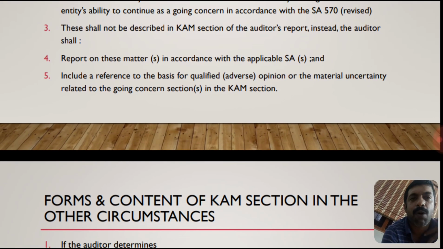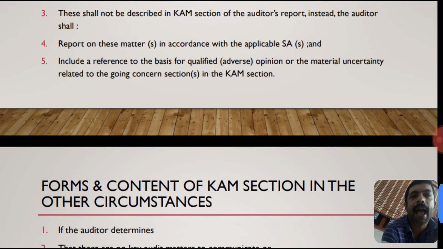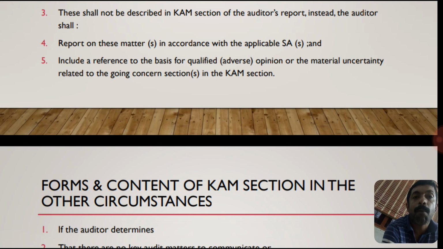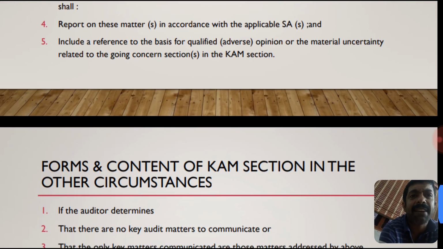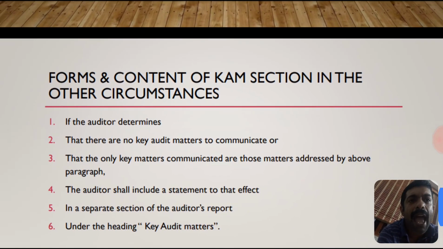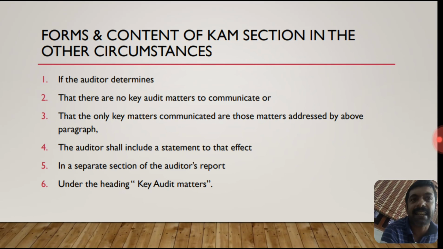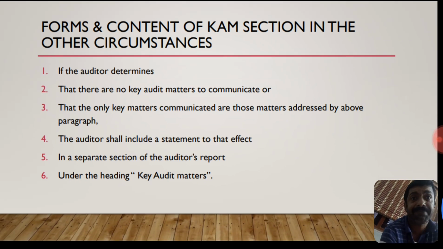Matters mentioned in SA 705, modification of opinion, will be dealt with as per SA 705, and going concern will be dealt with separately under SA 570. And what are the form and content of key audit matter sections in other circumstances?